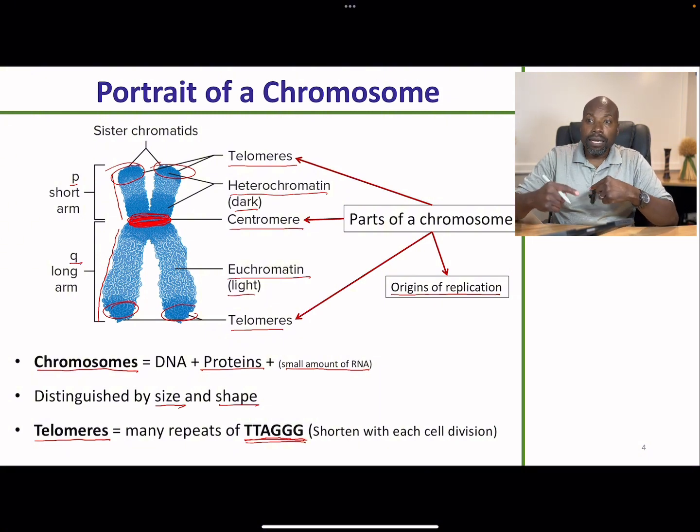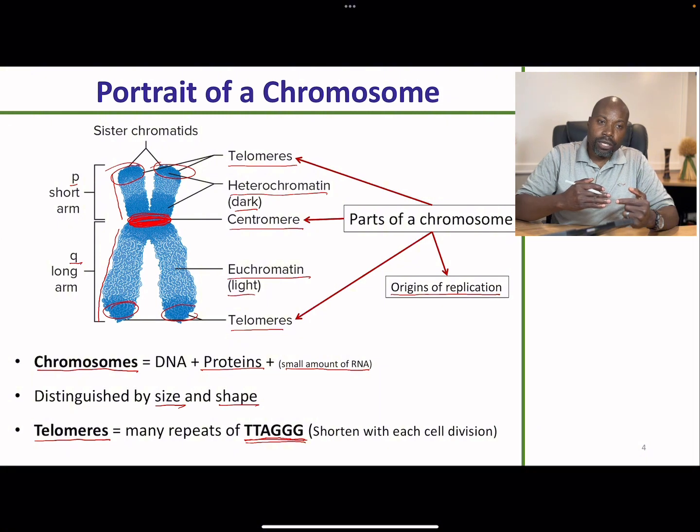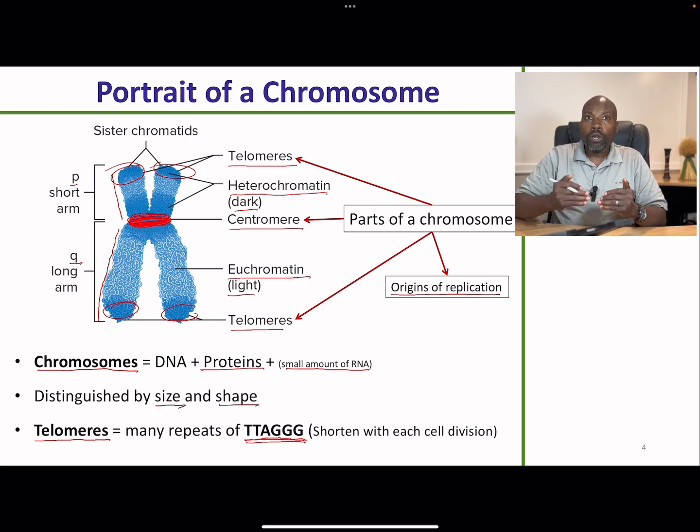So as the cell divides, every single cycle, the telomeres are going to shorten to the point that the cell can reach a point where the telomeres are so short that the part that encodes proteins is starting to be attacked. At that point, the chromosomes start losing their integrity. At that point, the cell cannot divide anymore. That cell is going to die off, right? So let me close that parenthesis.